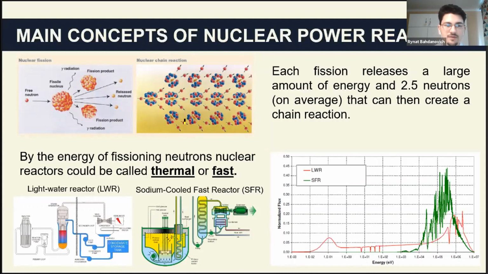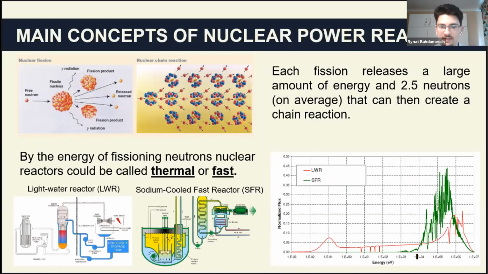By the energy of neutrons causing fission, nuclear reactors could be called thermal or fast. As you can see here, thermal reactors have this type of neutron spectrum, and fission in them is caused by thermal neutrons.